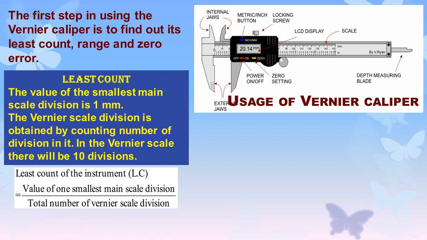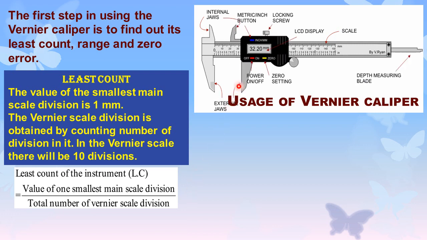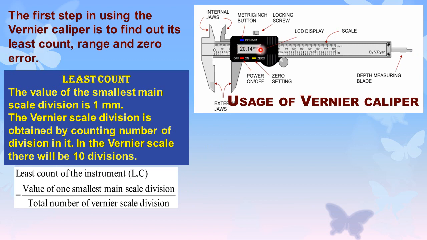So the least count of the instrument is denoted as LC. The least count is the value of one smallest main scale division divided by the total number of vernier scale divisions.